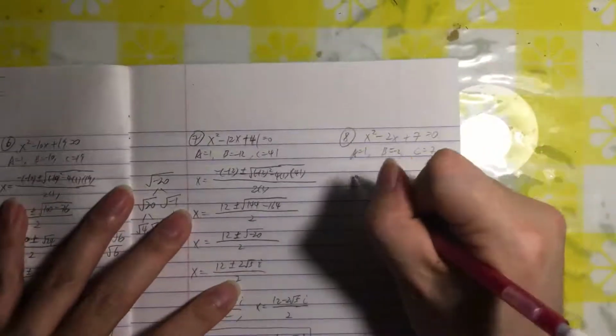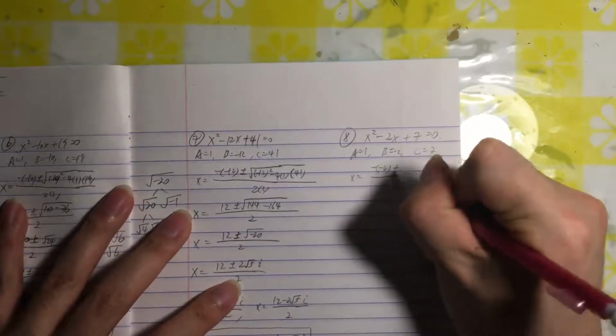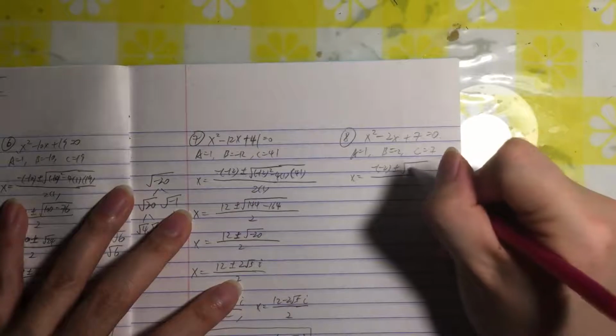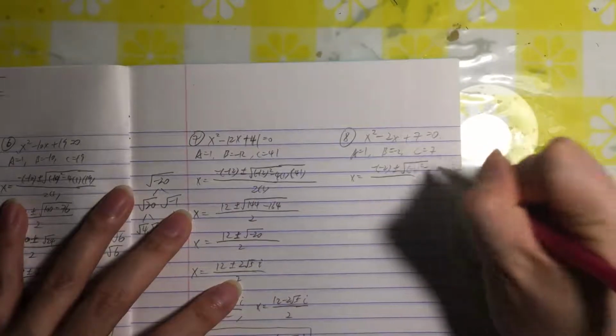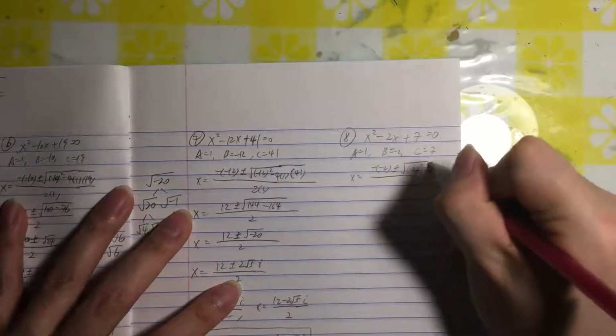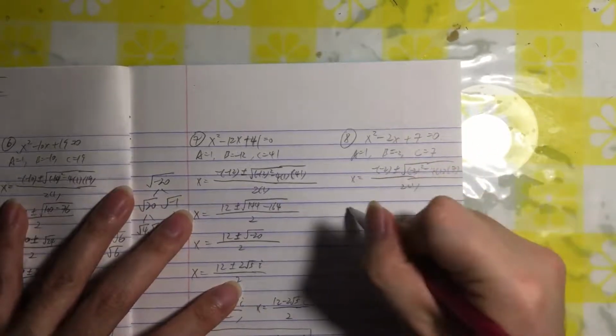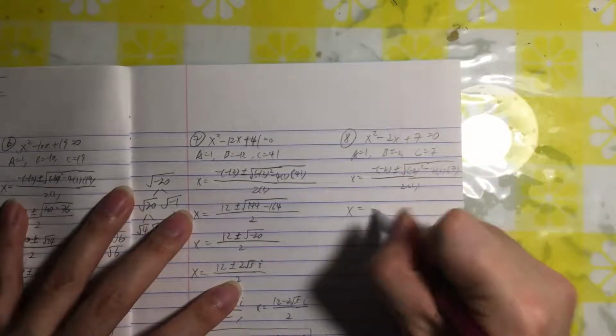Plugging a, b, c into the quadratic formula. So x equal to negative b plus or minus square root of b squared minus 4ac all over 2a. Then simplify.